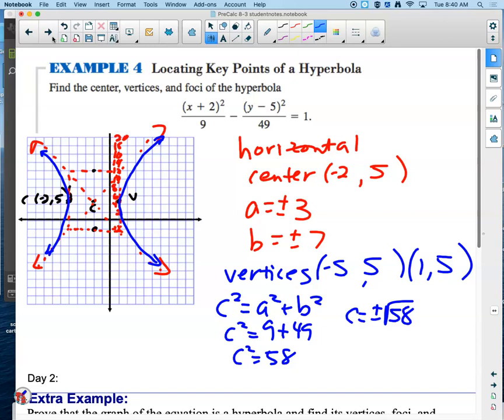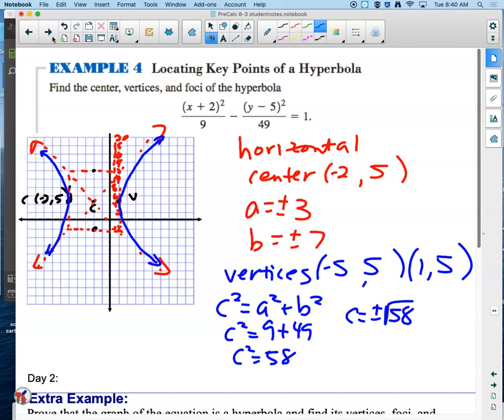Time to stop and think perfect squares. Do we have anything that's going to go into 58? We're stuck, aren't we? So this is where it's really important that we remember the foci have to be on that transverse axis, that major axis, with our center. So that's going to be affecting the x coordinates.